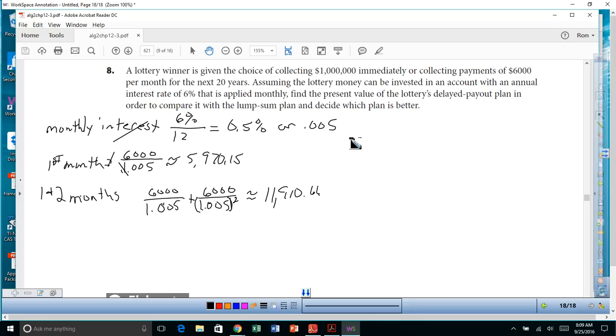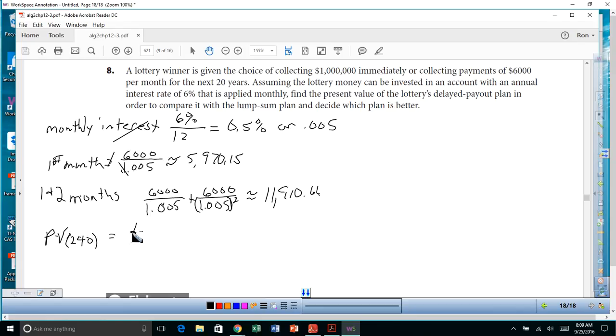Well, what would be the present value of, say, 24 months, or not 24 months, but 20 years, which would be 240 months?